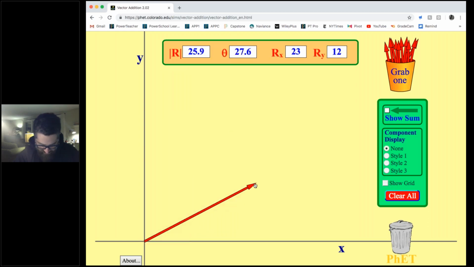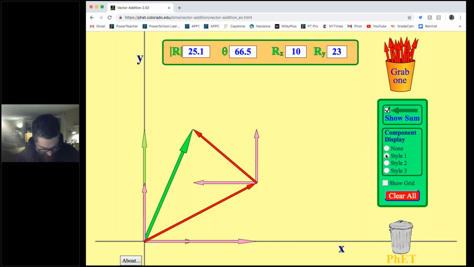If I wanted to add another one, I could bring it in here. There's a couple of different ways for me to show it. I could arrange it head to tail, and it's going to show me the sum of these. Notice that the vector sum, the one in green, is from the beginning of the first one to the end of the second one.